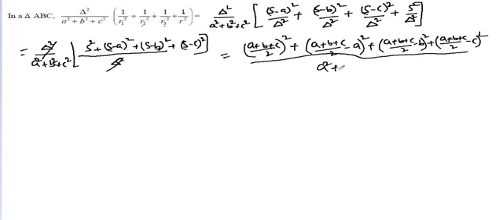a square plus b square plus c square, that is a plus b plus c whole square by 4.